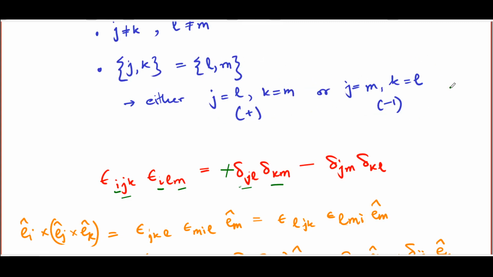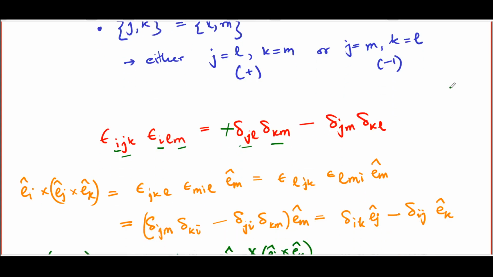So putting that to use here, I don't have to memorize the formula. It's just the first-second, minus first-second that I remember. So here this is going to be delta_jm, where m here remember is a dummy index, delta_ki, first-second, minus delta_ji delta_km, times e_m.